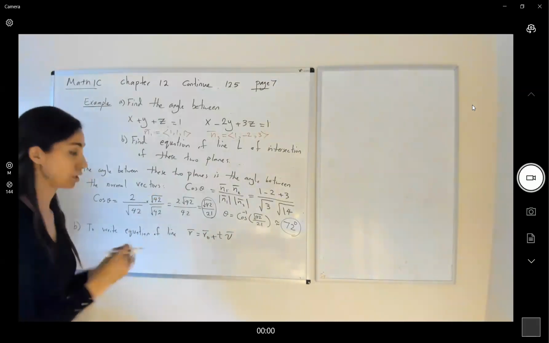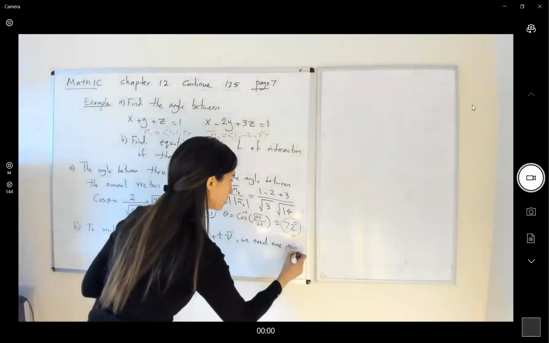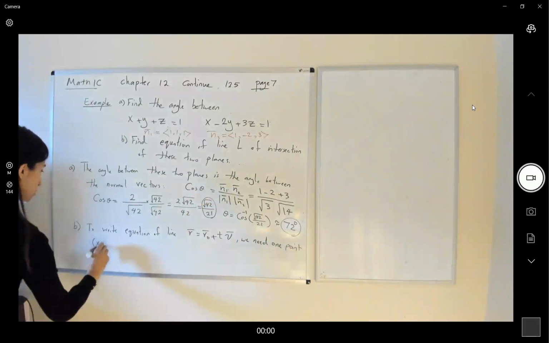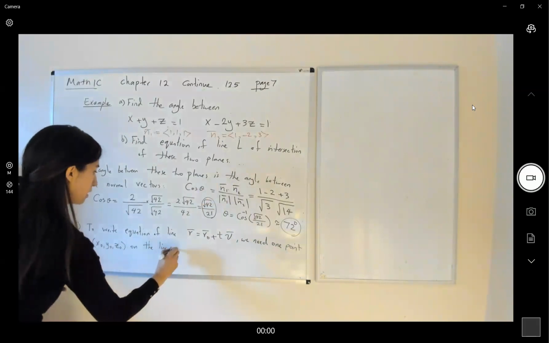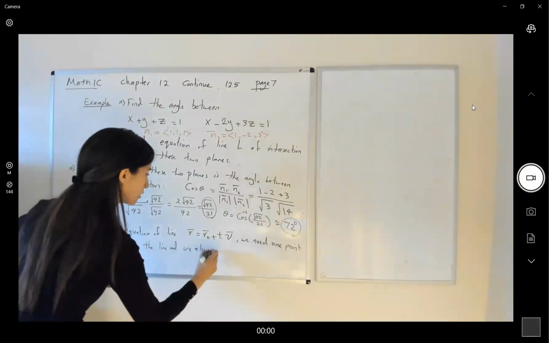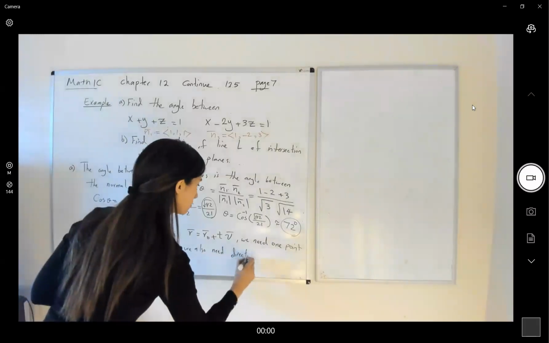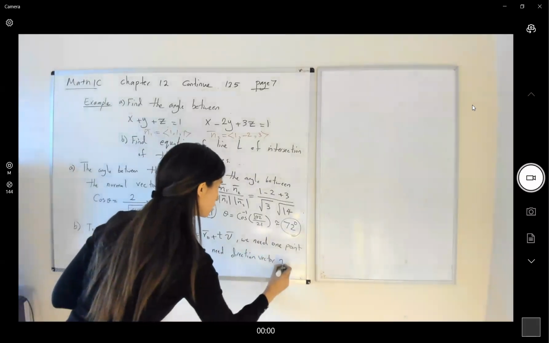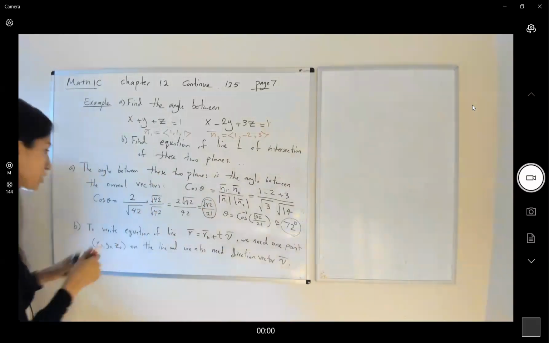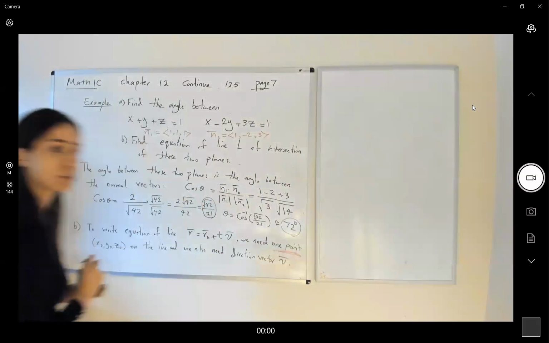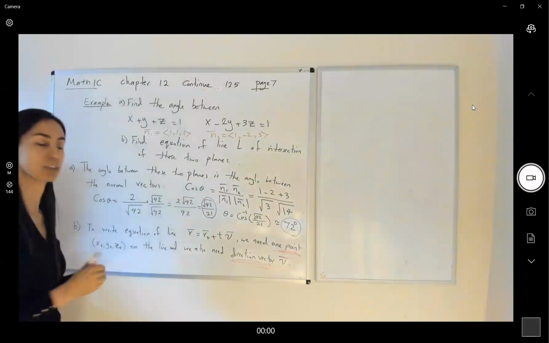We need one point (x sub 0, y sub 0, z sub 0) on the line, and we also need the direction vector v. So we have two tasks to do. First, we need to find one point on that line, and at the same time, we need the direction vector.